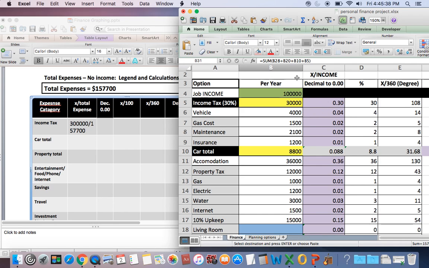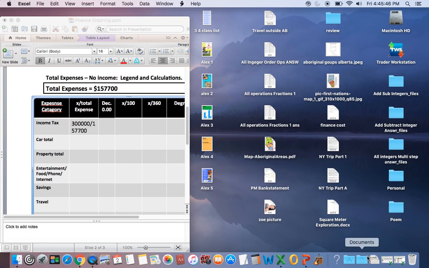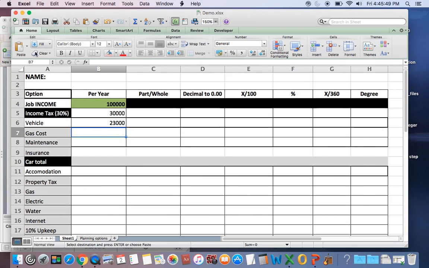Okay, the grade 9 one here is a little different. On your sheet it'll say x divided by income, and you'll have a fraction, a really big fraction. This one, oh, I'm going to need that. There it is, part versus whole. So here I would have had 30,000 divided by 100,000.